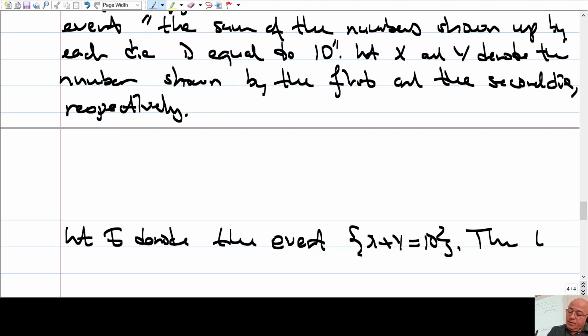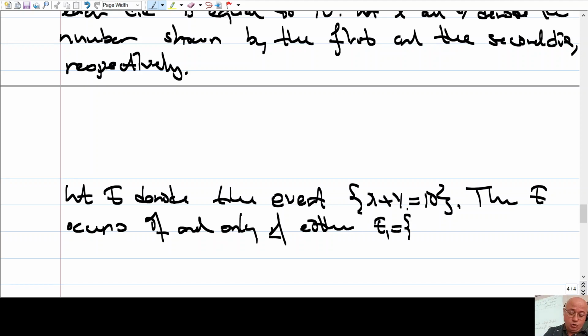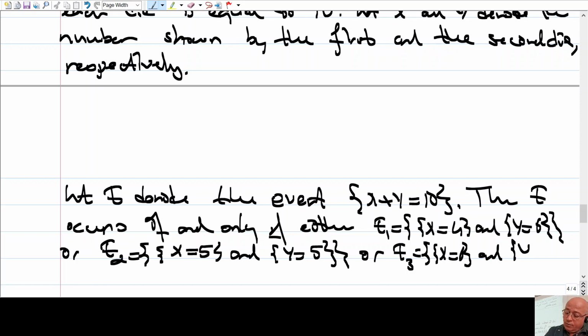Then E occurs if and only if either E1, that is x is 4 and y is 6, or E2, that is x is 5 and y is 5, or E3, that is x is 6 and y is 4, occurs.